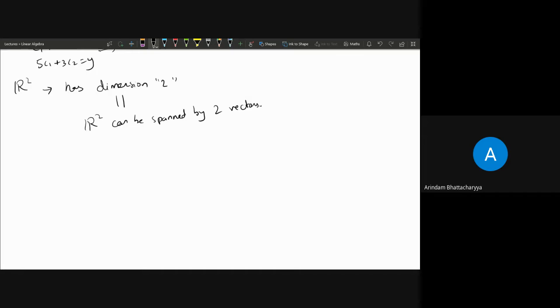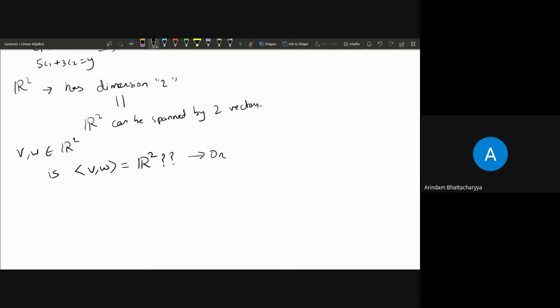But suppose V and W are in R2, is it always true that this equation holds? This is true if and only if V by W is not a real number. Yeah, exactly. V and W are not scalar multiples of each other.